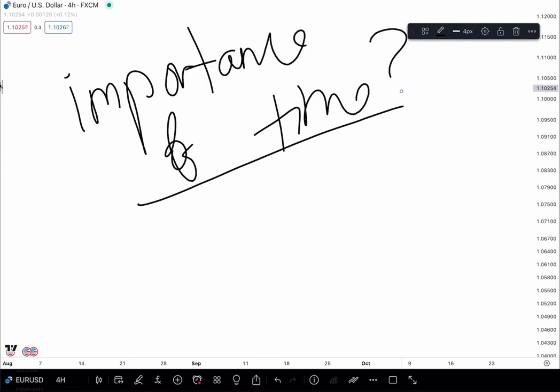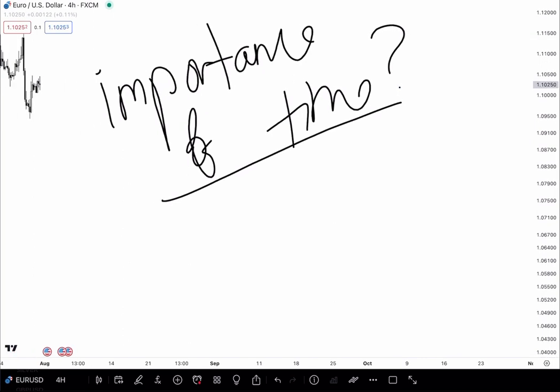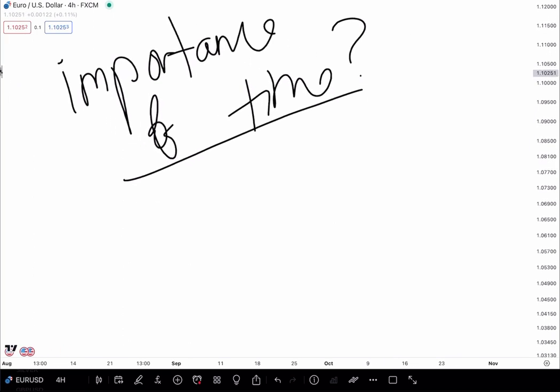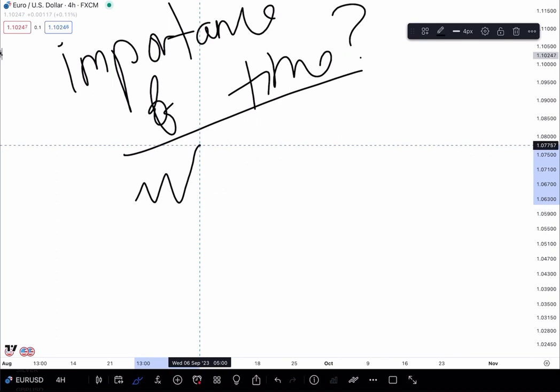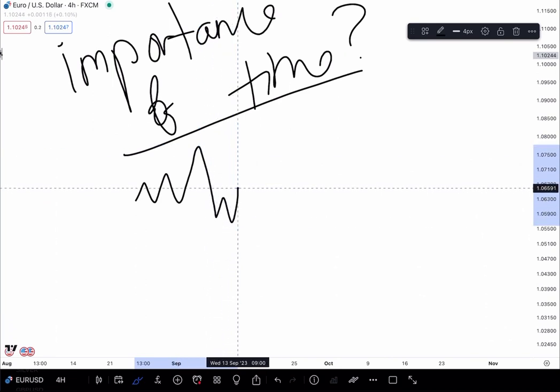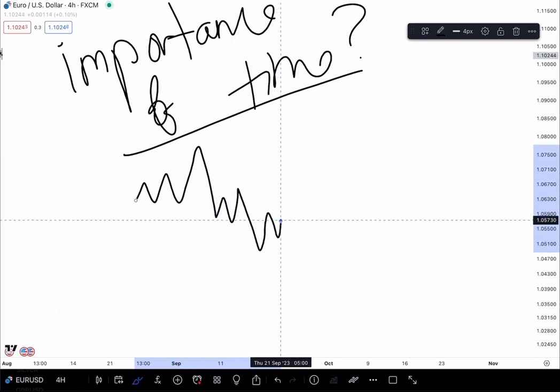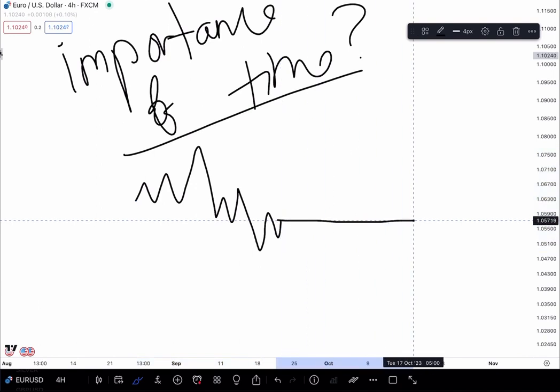To demonstrate the importance of time, I like to use the good old, classic, age-old example, which is: John bought Bitcoin at the price of 13,000.